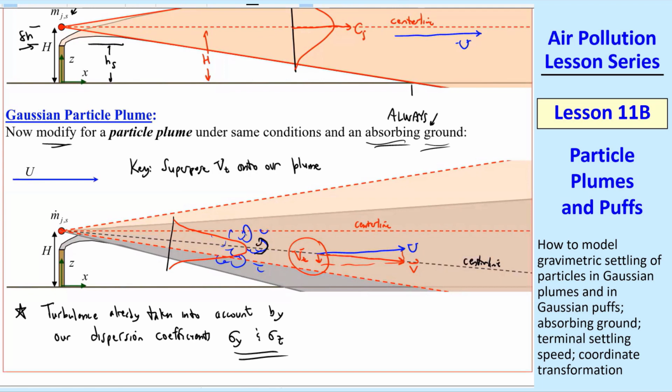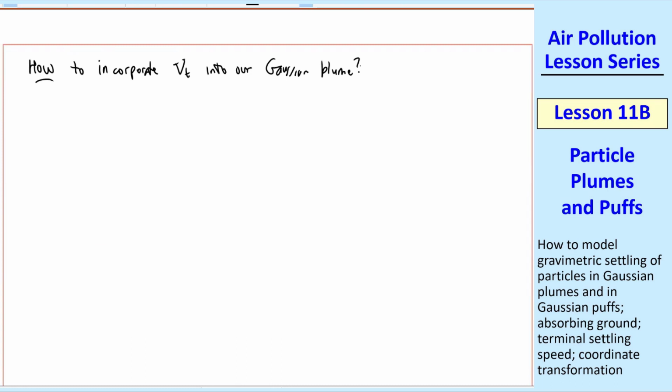Those are related to how stable the atmosphere is and how fast it spreads. And like we did last lesson, we don't really care about all these individual eddies and stuff with turbulence. We only care about the average U and the average vt. So we're doing this vector diagram just like we did for a particle settling in a wind. Now we have a wind, but we happen to also be in a Gaussian plume. So we ask how to incorporate vt into our Gaussian plume.